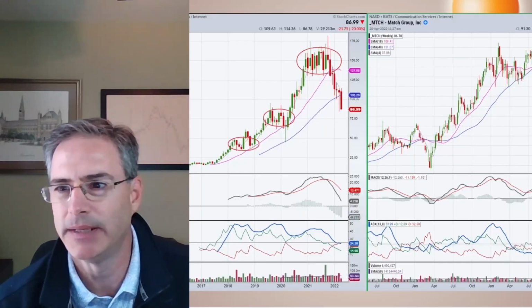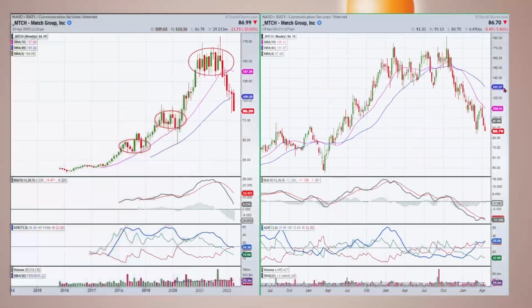Let's go ahead and get into this concept of support and resistance. When I talk about pools of money, what I've got here is Match.com up. I've got the monthly chart on the left and the weekly chart on the right. What I want to do here is explain where I look at these pools of money, and you can see I've actually circled them.